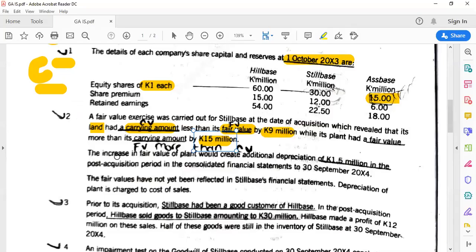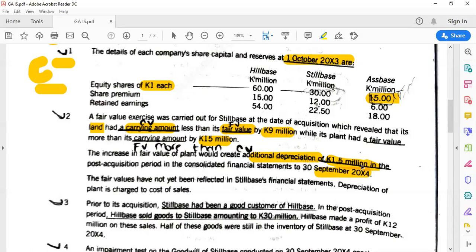See, the increase in fair value of the plant would create additional depreciation of how much? 1.5 million in the post-acquisition period, in the consolidated statement of financial position at 30 September. So we go and show that depreciation, because the asset has increased in value, so depreciation also increased.